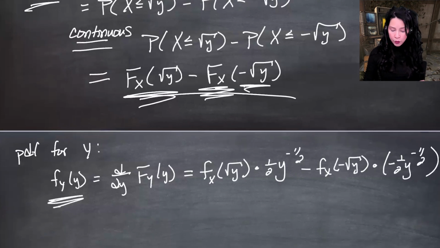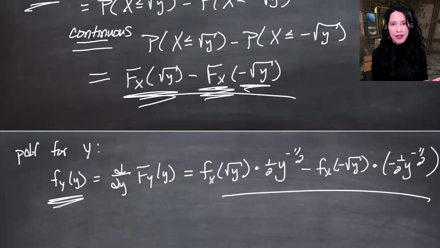We wrote the PDF for y in terms of the PDF for x. It didn't follow the nice G inverse formula. That's a formula we put in a box to handle all the cases where it is nice, invertible and differentiable. But we can handle other cases.